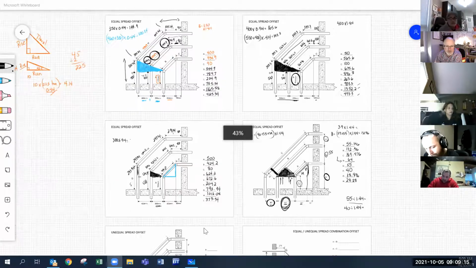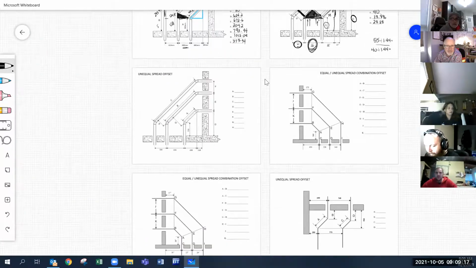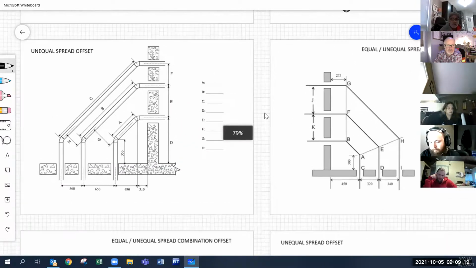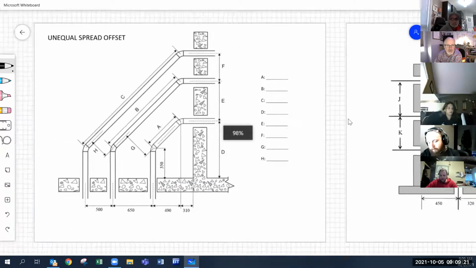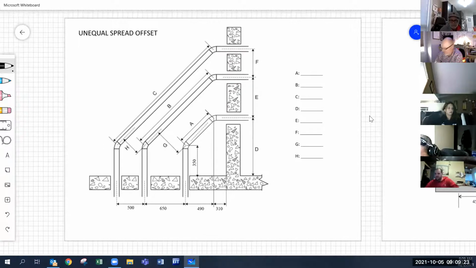Okay, we're going to do another one just like that. So in this one, it is another unequal spread offset. I will first draw a right angle triangle to solve for A. There's my right angle triangle.